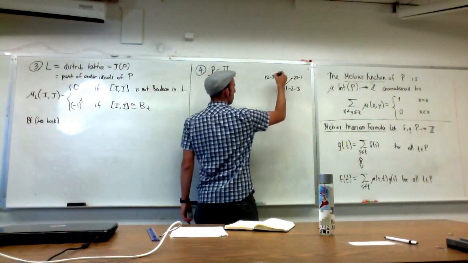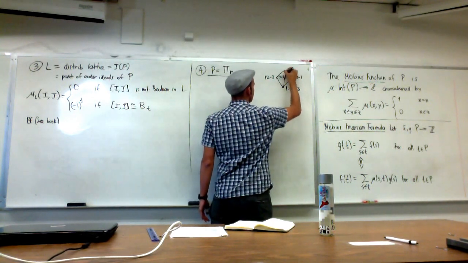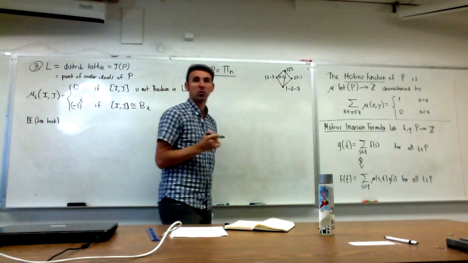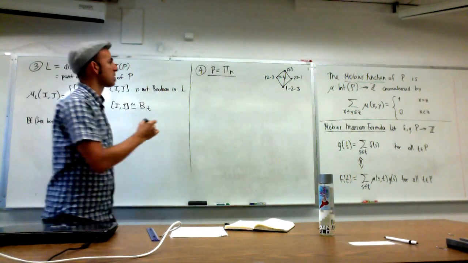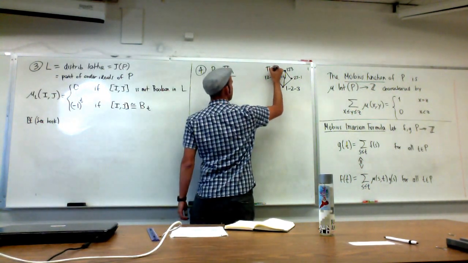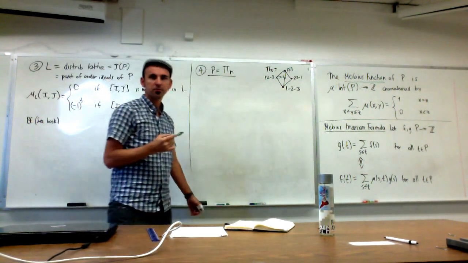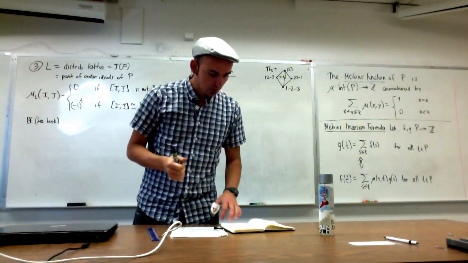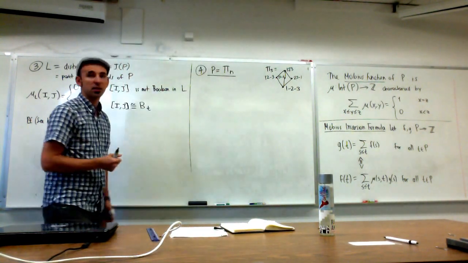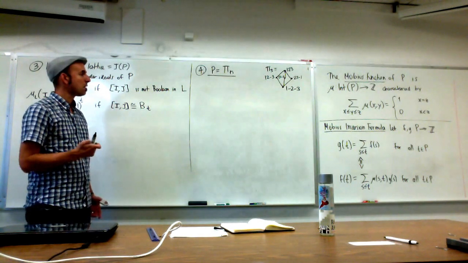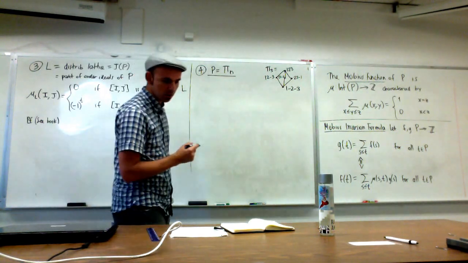And then no matter where I merge, I'm going to end up with only one block. Okay. So this is the partition lattice Π3. Okay. And we would like to find out what the Moebius function is. Okay. Now let me show you something.